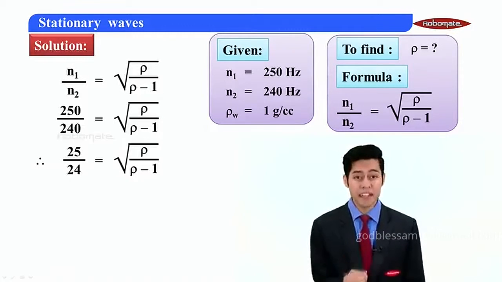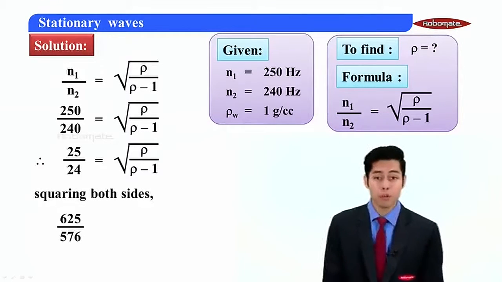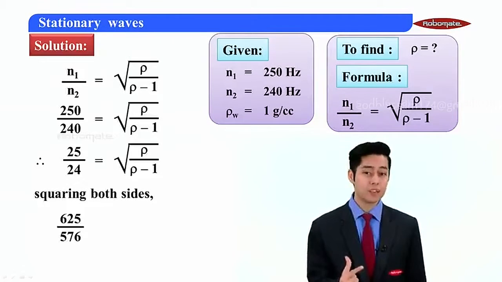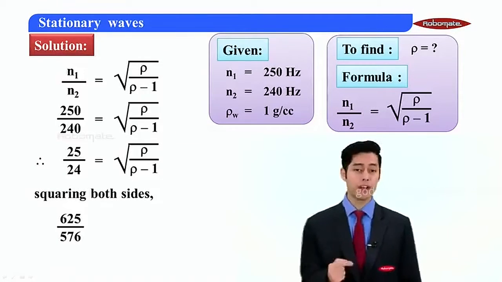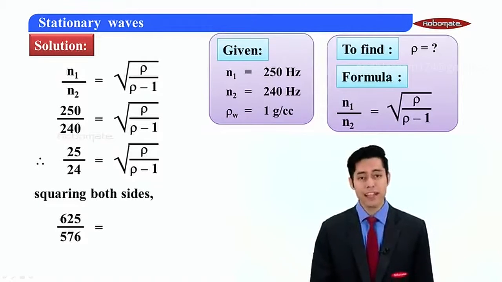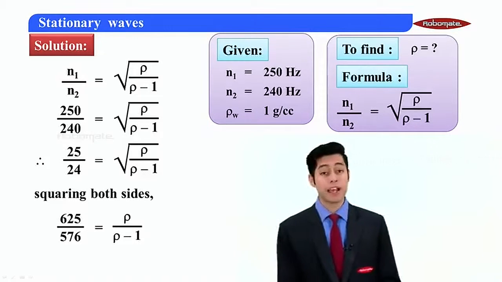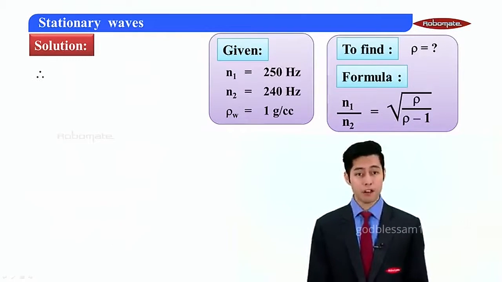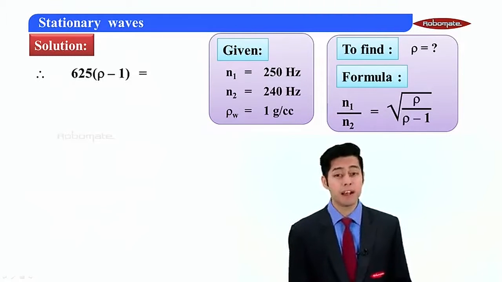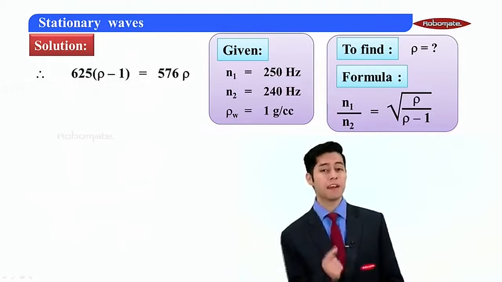I solve it very simply, that is by squaring on both sides. When I square on both sides, I get on the left hand side 25 square, that is 625, and 24 square, that is 576. So it is 625 divided by 576, which is equal to rho divided by rho minus 1. On further solving this, I get 625 multiplied by rho minus 1 equals 576 multiplied by rho.